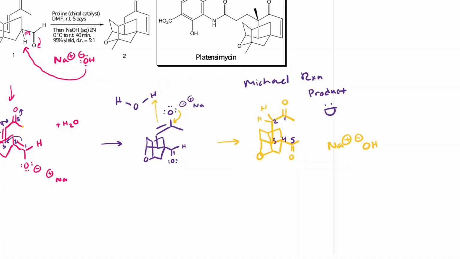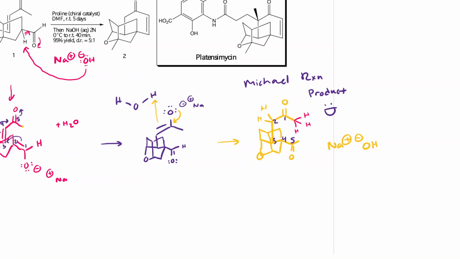And it could very well attack one of these. But then if we attack one of those, we would just be going in reverse. So it's actually going to attack a hydrogen on the right side of the molecule.